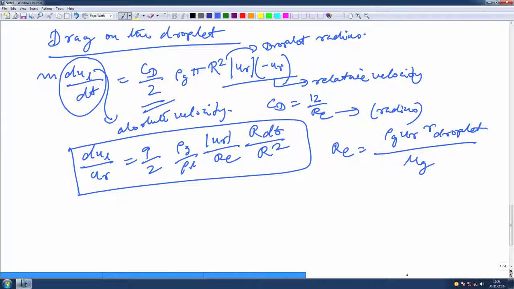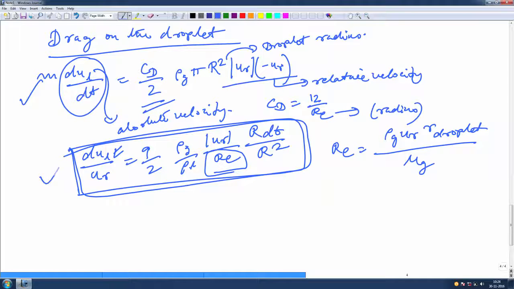Now, the rate of change of velocity of the liquid is a function of the Reynolds number, and this equation and this equation govern it. So, you can solve it and find out how the velocity of the droplet evolves. That does not require any solution of the internal flow field, because you can find out how the velocity of the droplet will evolve regardless of its evaporation.